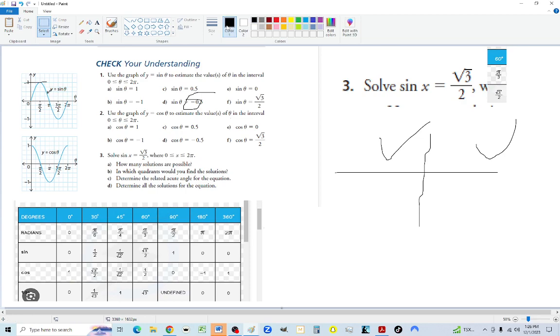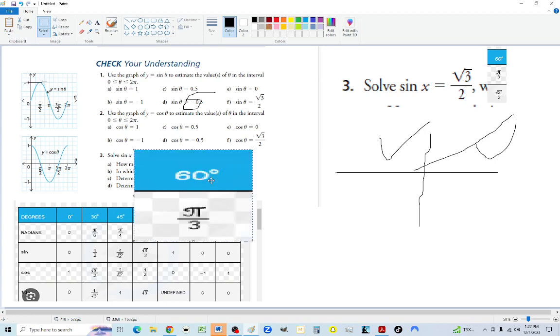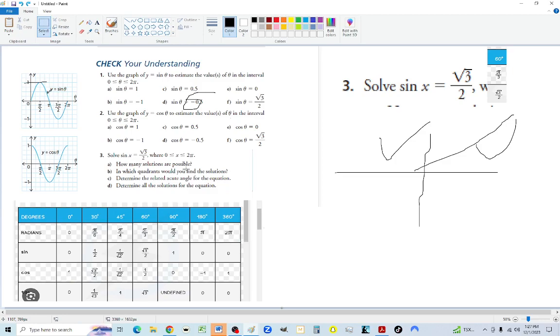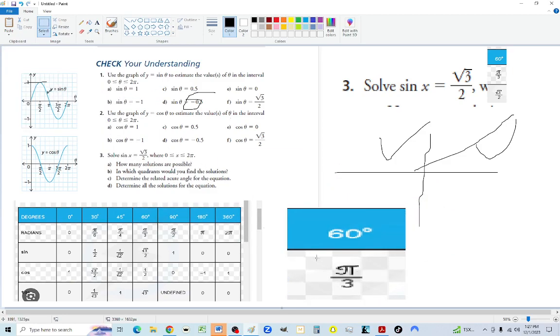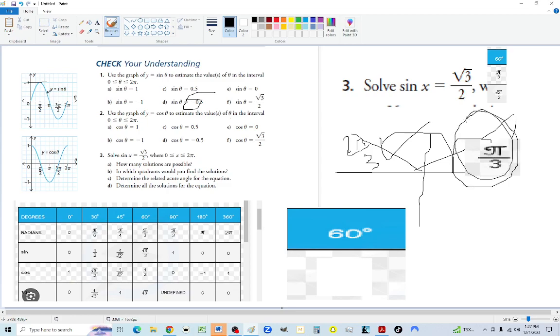However, because there's 2 quadrants, this will occur for the acute angle pi over 3, but it will also occur in quadrant 2, which is pi minus pi over 3, which is 2 pi over 3 as the principal angle. So those are the two possible answers. You're always going to get the acute angle, and 2 pi over 3, which is pi minus pi over 3.